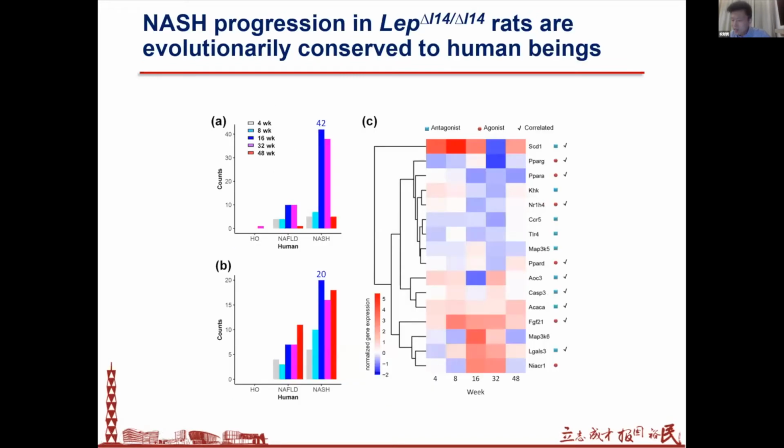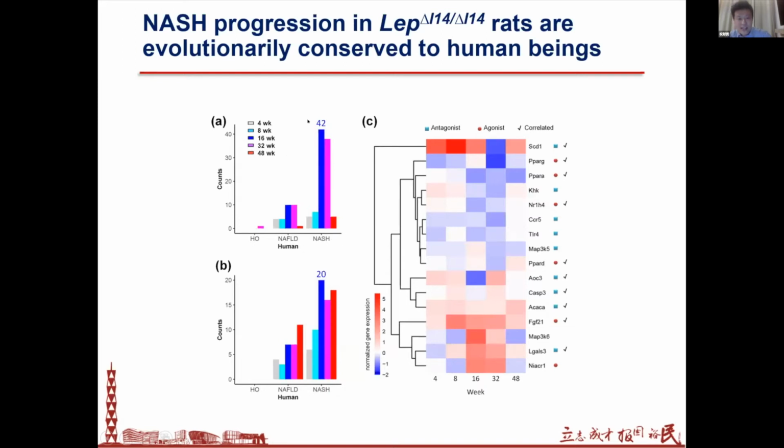So far, we characterized the NASH phenotypes, and then we asked: is this molecular etiology of NASH in rats evolutionarily conserved in human beings? So we compared the differentially expressed genes of rats to a previous study of human patients that were healthy, obese, NAFLD, and NASH.